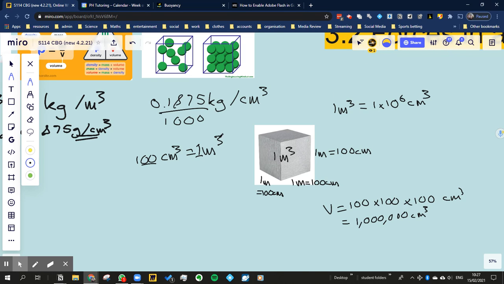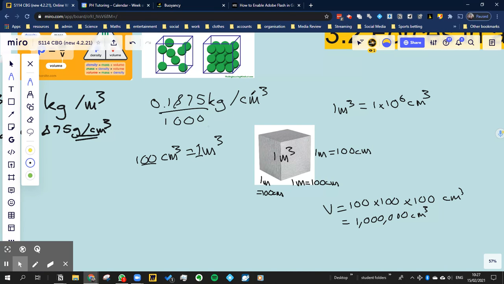So if that's how many centimeters cubed there are in a meter cubed, and we're saying there's this many kilograms in a centimeter cubed, then how many would be in a meter cubed? What would we do to this number to work out the amount in a meter cubed?